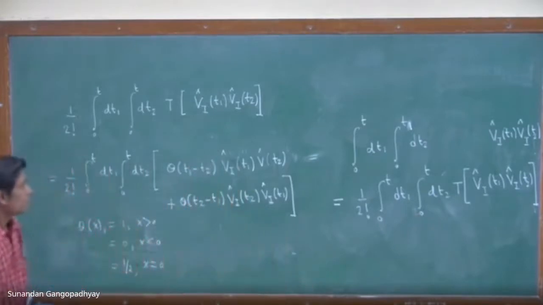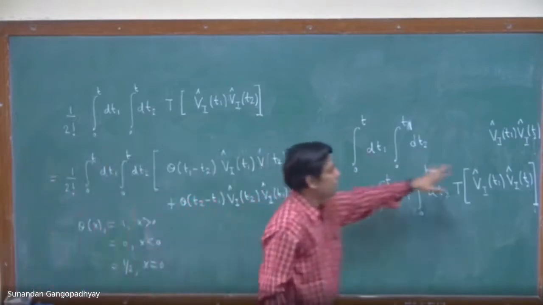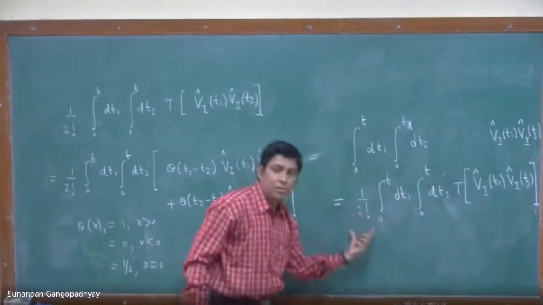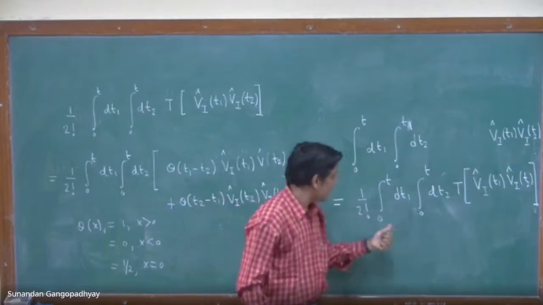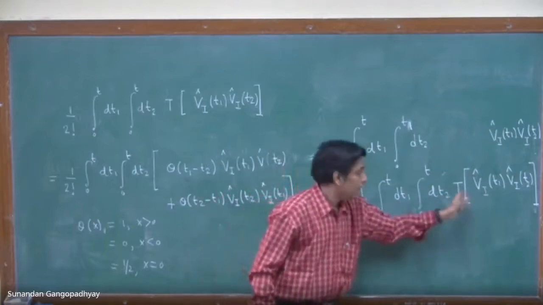You can similarly show that the third order term, that is the term involving the product of 3 V's, is nothing but 1 by 3 factorial. You have to put a 1 by 3 factorial in front, and then once again it will be 0 to t dt1, 0 to t dt2, 0 to t dt3, time order product of 3 operators.